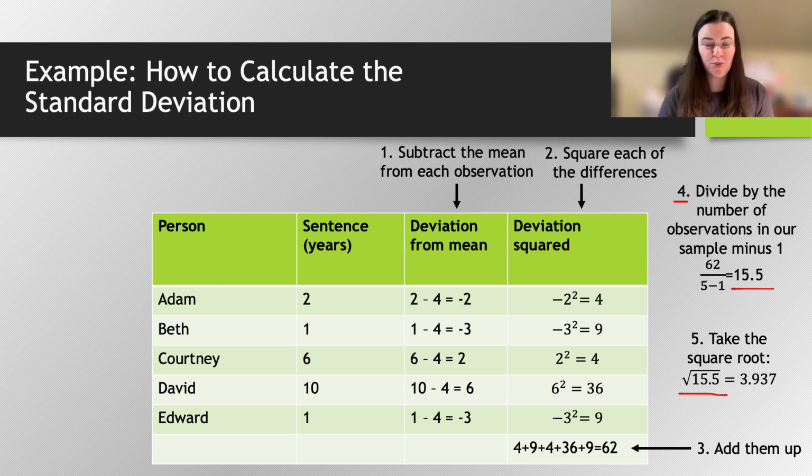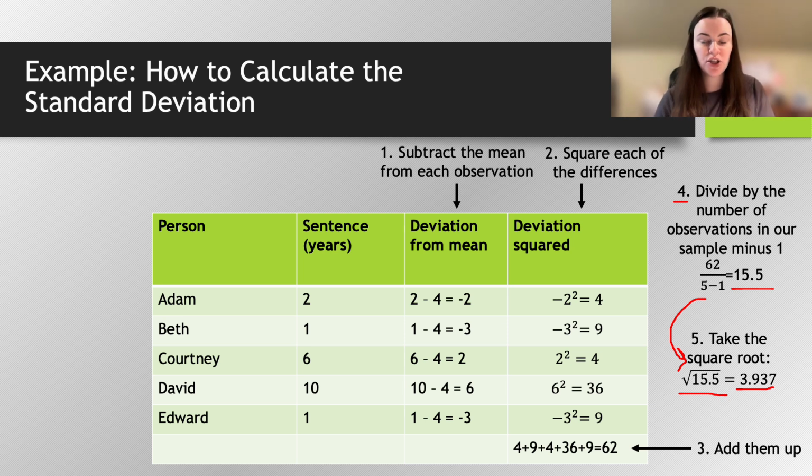But that can make our interpretation really wonky and not make a whole lot of sense within context, because in this case, that would mean we are interpreting it within years squared, which doesn't make a whole lot of sense. By doing this last step, we're able to get rid of that problem and just get rid of that square by taking the square root to get a total of 3.937.